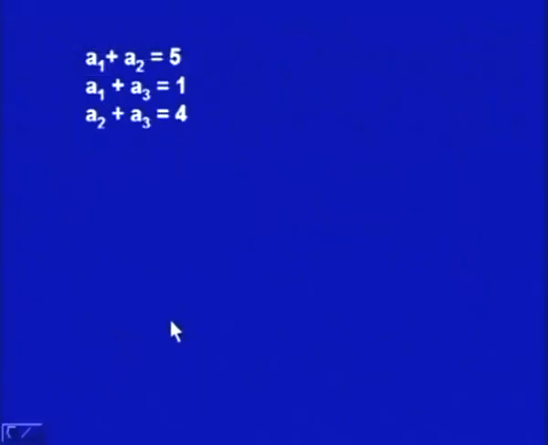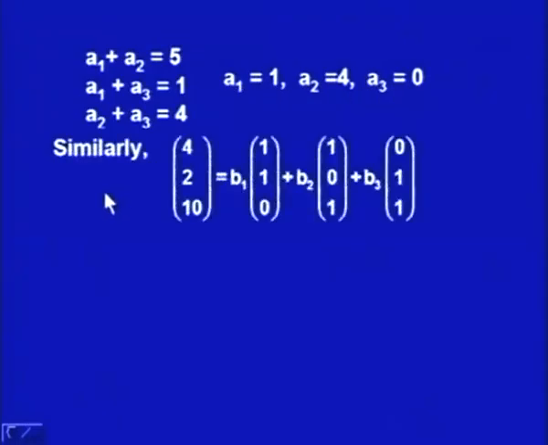For this purpose, A1 + A2 is equal to 5, A1 + A3 is equal to 1, A2 + A3 is equal to 4, and when we solve these three equations in three unknowns, we get A1 equal to 1, A2 equal to 4 and A3 equal to 0. That means we have obtained the image of the first vector in terms of the basis elements.